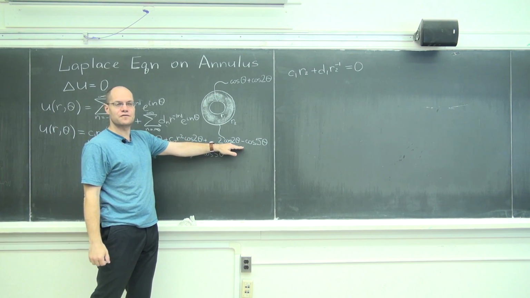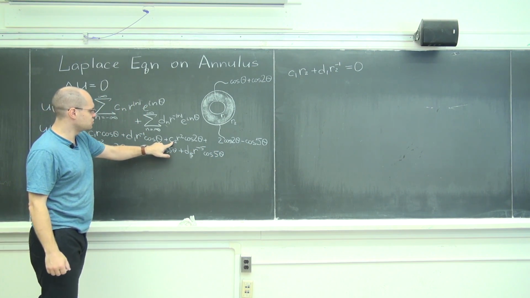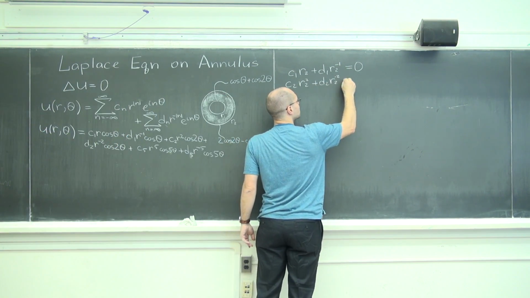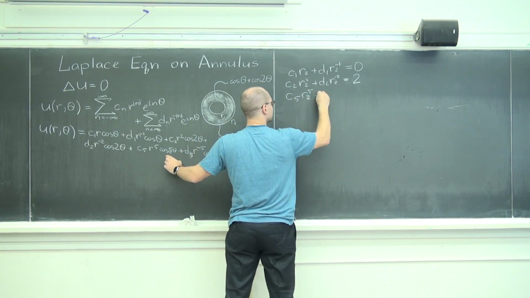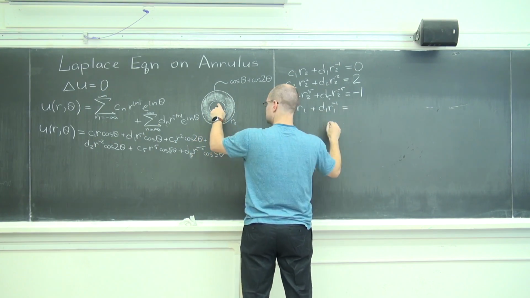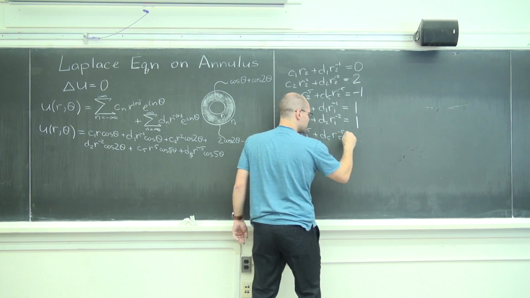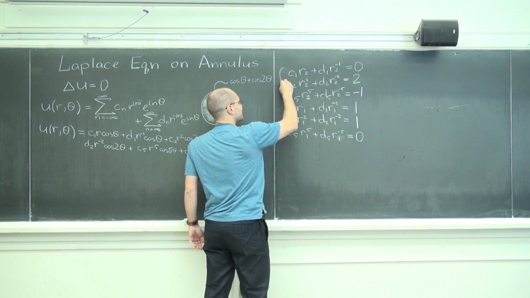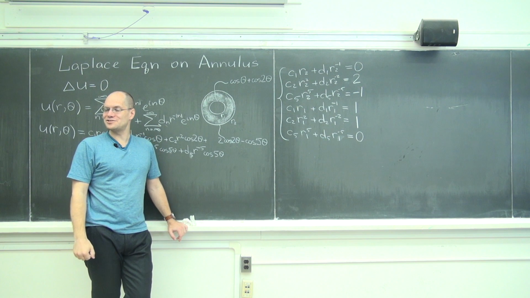Cosine of 2 theta coefficient should equal 2. Six equations, 6 unknowns, perfect match. Maybe I should have done something a little bit simpler.